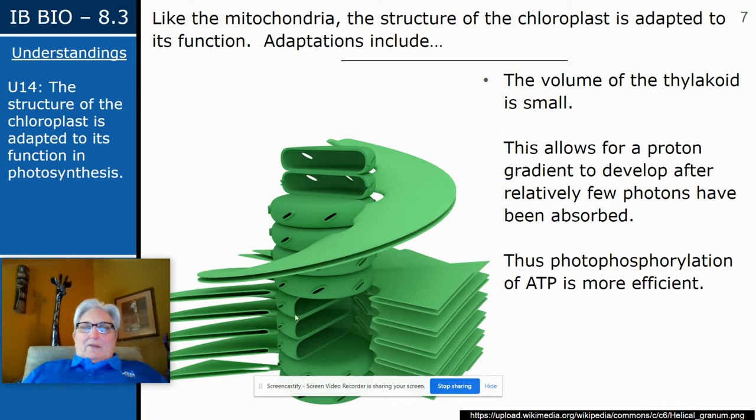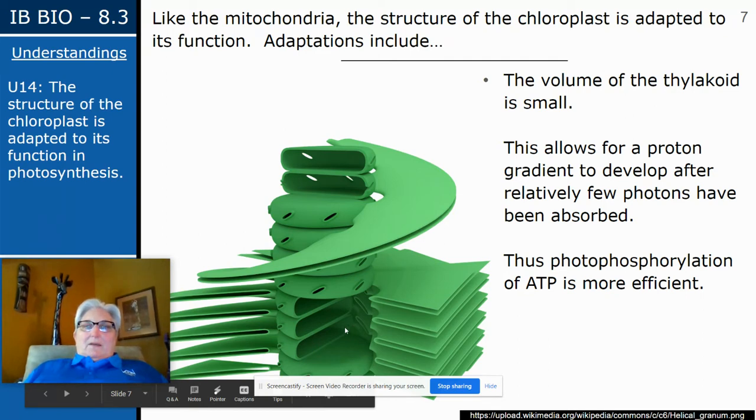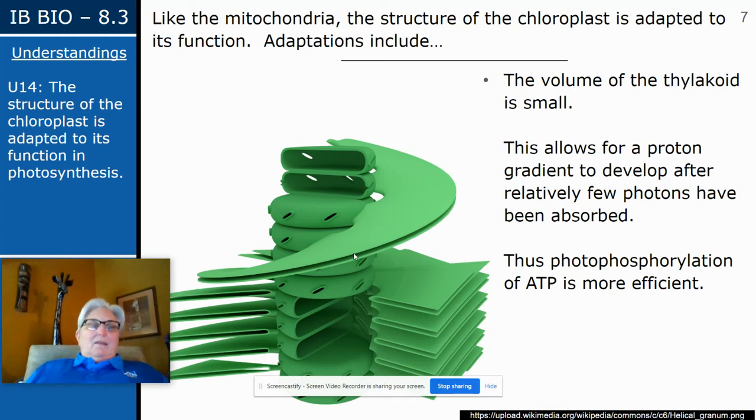So we know that the volume inside of each one of these little discs or thylakoids is relatively small. So we have to have photons of light that come in, and they have to be absorbed inside the thylakoid, again, where we're going to find our green pigment.